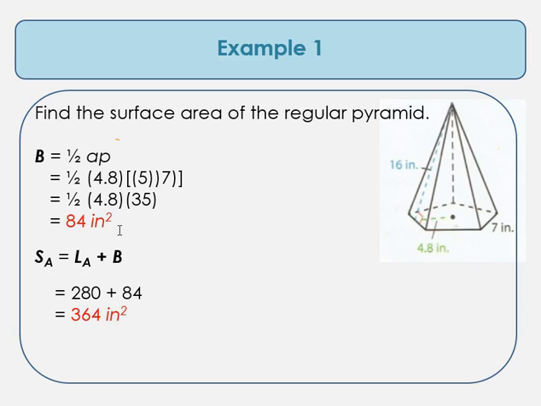And now we can put it all together. The total surface area will be the answer from the lateral surface area, which was 280, plus the answer from the base, which was 84, and our final answer is 364 inches squared.